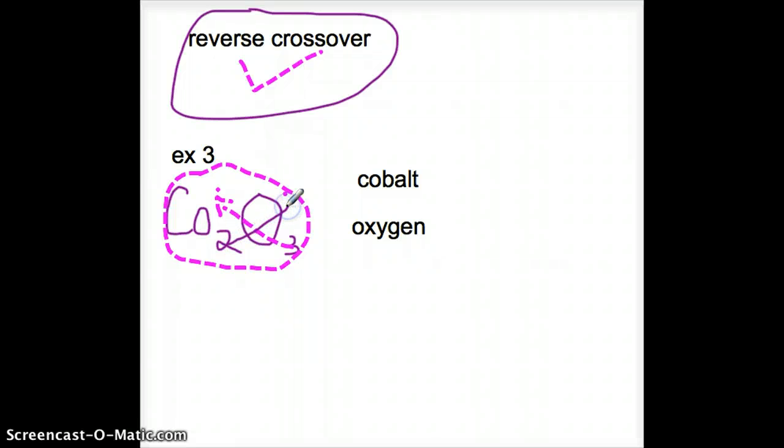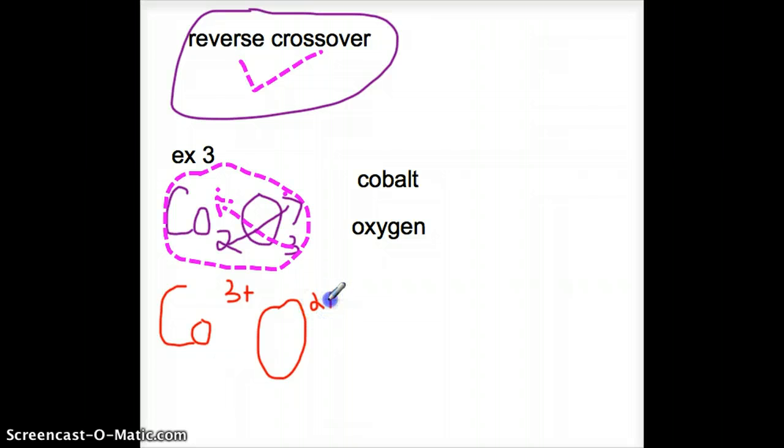So it'll look something like this. Now we are back to having cobalt 3 plus and oxygen 2 plus.